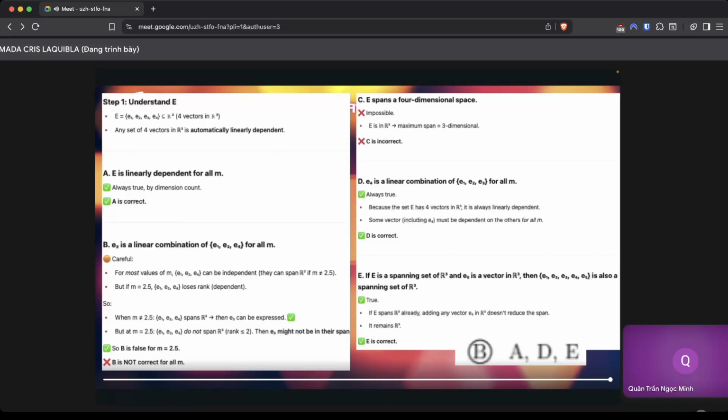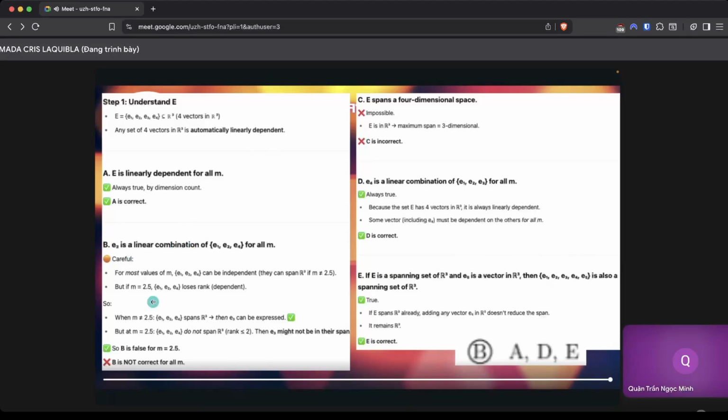And bases are linearly independent. So if you add another vector, it will not be linearly independent anymore. Adding one vector there will make it linearly dependent. So letter A, E is linearly dependent for all m, and that is correct because again, your E there has four vectors. It's automatically linearly dependent.